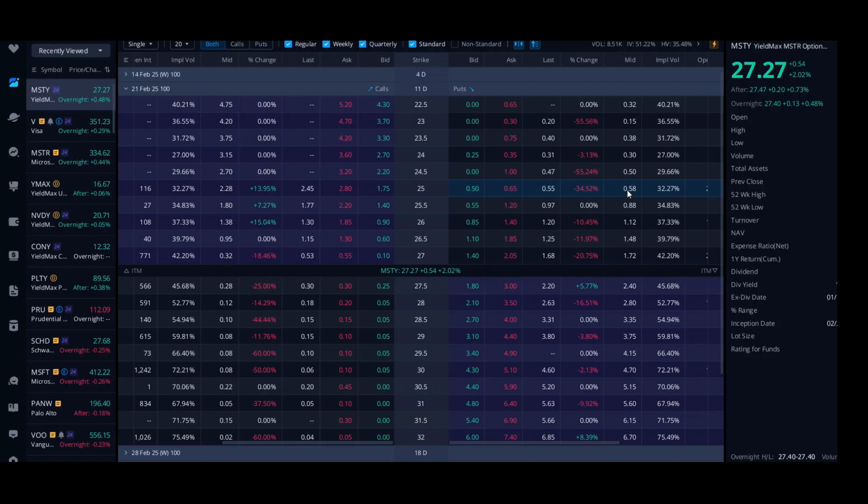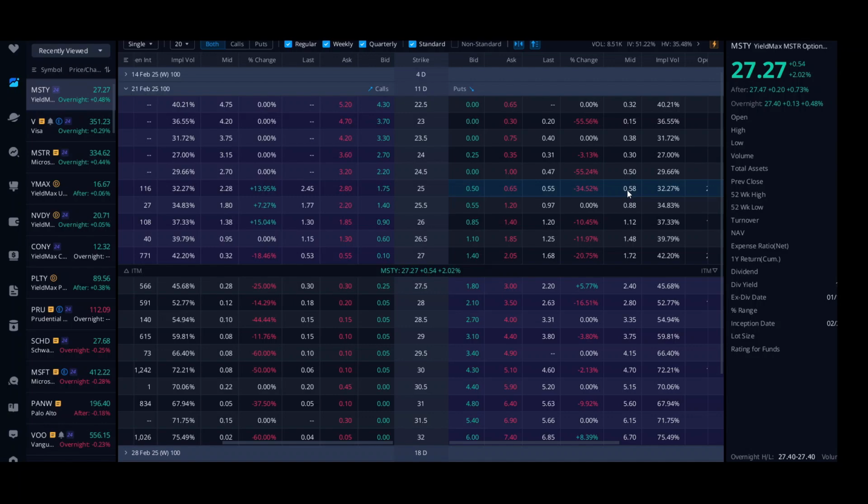Since it goes to zero, the contract will just dissolve, because no one's going to want to force me to buy shares at 25 when the price of the stock is over $25, right? Think about it, if the price was $25.50, that would go worthless. So I would not get put the shares. I keep the 80-cent premium, which I keep no matter what anyway.